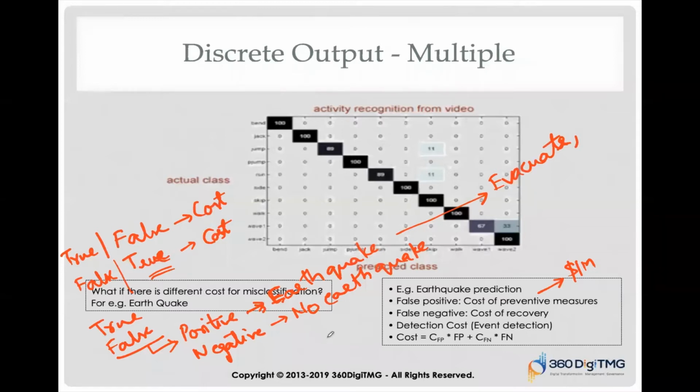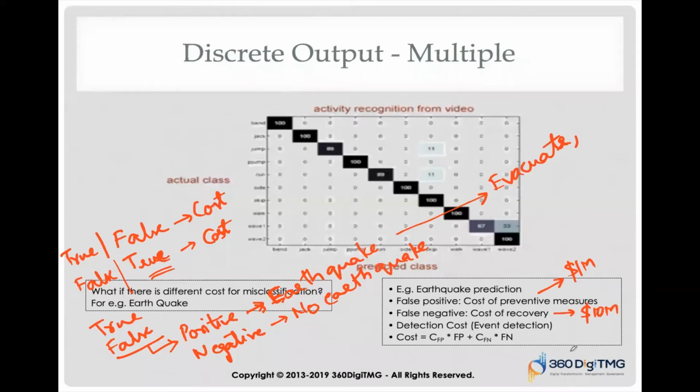There'll be a lot of debris, loss of life, loss of property, and then you have to recover all that by kicking in your disaster recovery team once again. So there is a cost associated with that. Say the cost associated with that is $10 million.